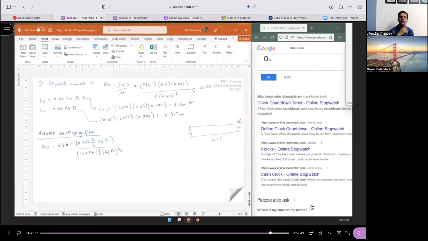Let's say this was 3, and here we're at 2.5. We know that there's a larger proportion of the pipe that's fully developed. Then it's okay to assume that the flow is developing. If it's about halfway, then it's a bit harder. We may have to calculate both developing and fully developed.